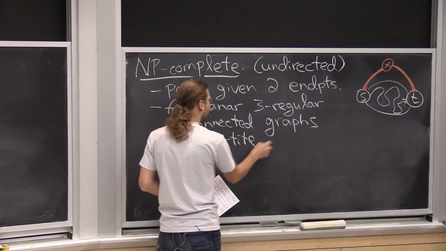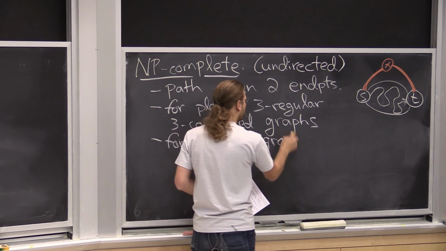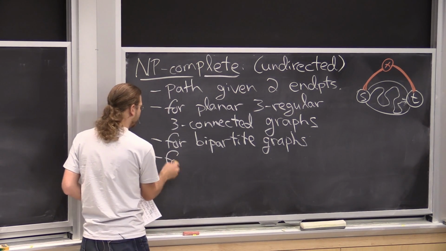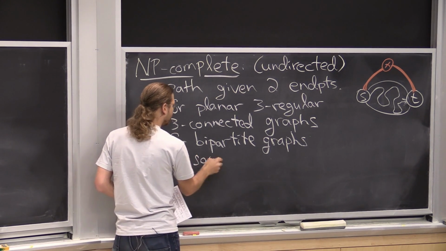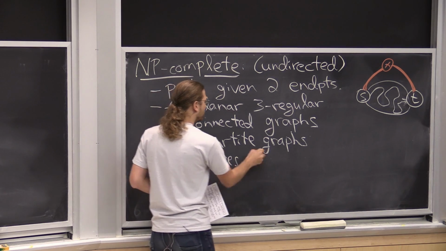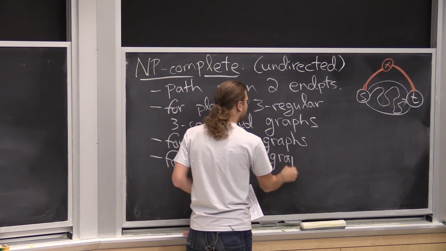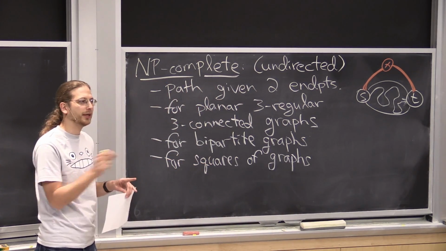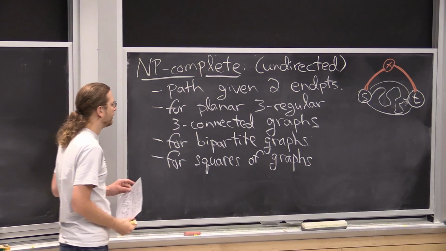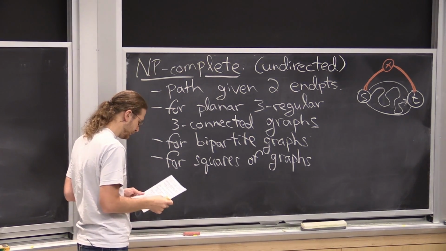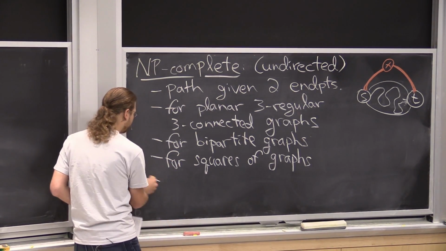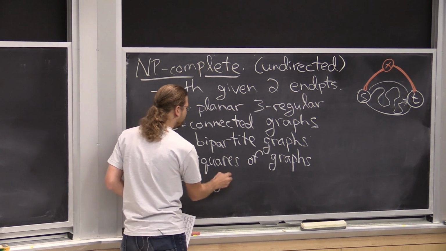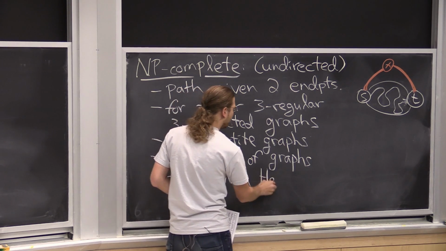These are all various results proved in the 70s. It's NP-hard for squares of graphs. Squares of graphs is interesting. This is whenever you have a length 2 path, you add an edge. That's a square. And that's still hard. Another fun problem is computing a Hamiltonian cycle given a Hamiltonian path is also hard.